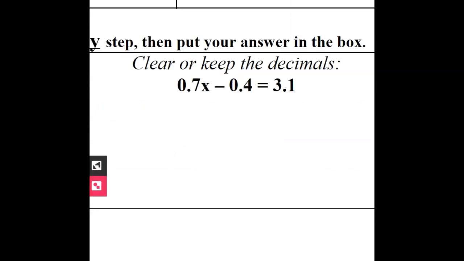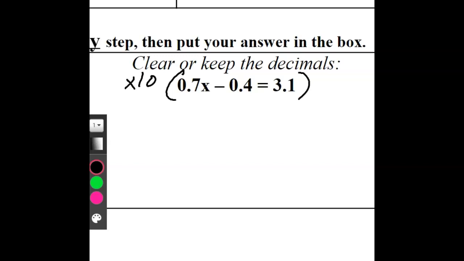The last one we're going to do is keep or clear fractions, okay? So this one right here, they are all to the 10th. So if I multiply everything by 10, I can't just pick and choose. I have to multiply everything. If I multiply everything by 10, it's going to move this decimal one spot. Okay?